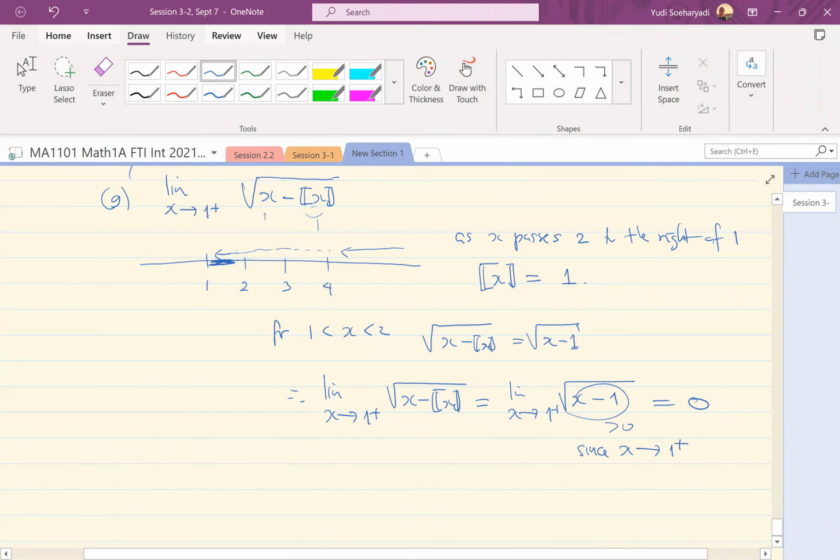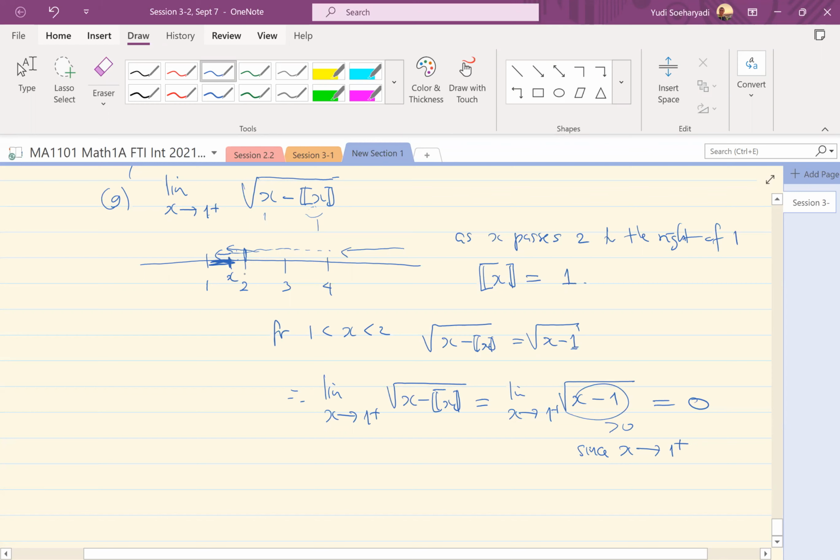Eventually you pass 2. When you round the floor of x, our x now is here.